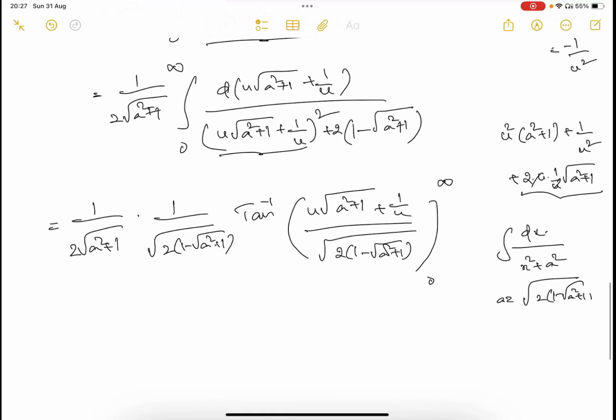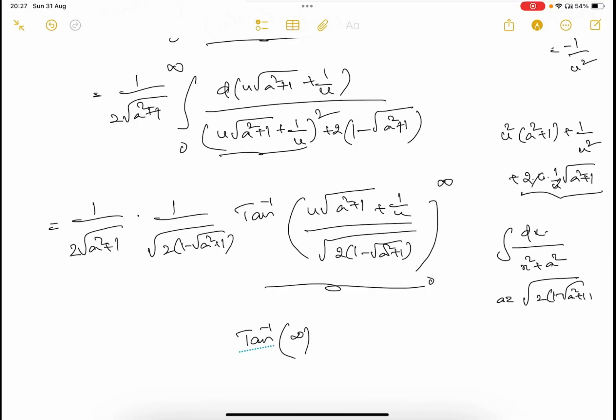So let's try to simplify this. This will be tan inverse. When u equals infinity, this will be 0, this will be infinity, right? Then it will be tan inverse infinity, which will be pi by 2, right?